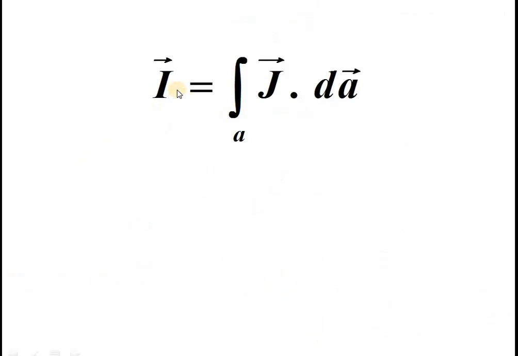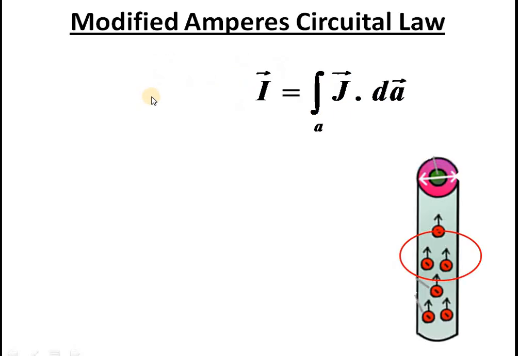So you can write that the line current I is equal to the surface integral of J dot dA. What is the surface? The surface through which the current is passing. So this is a relation. This way we prove how I and J are related. This is volume current density and this is line current.